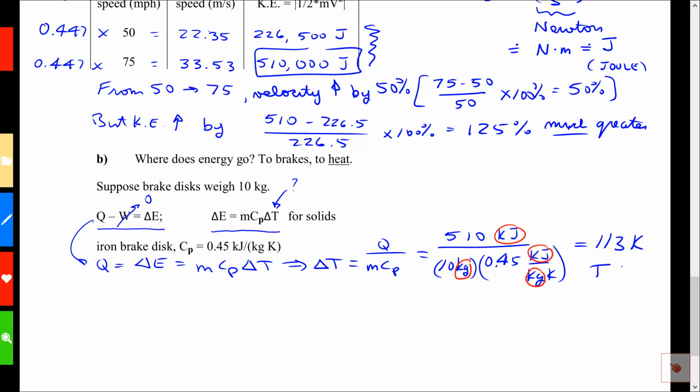The temperature goes up. Now, that's a pretty big temperature rise, but that's okay if the brakes can cool between stops or between applications.